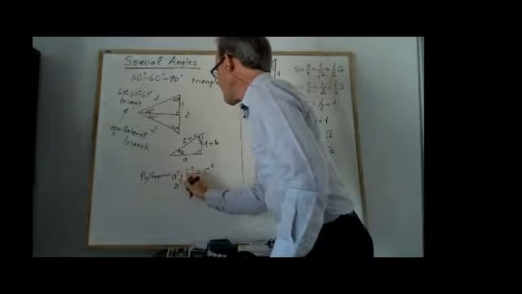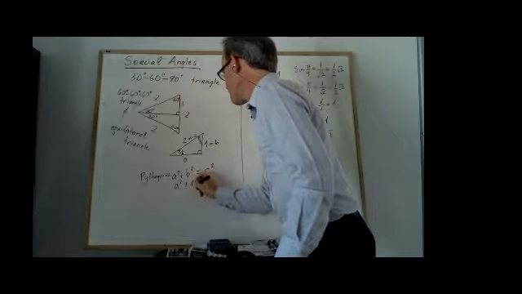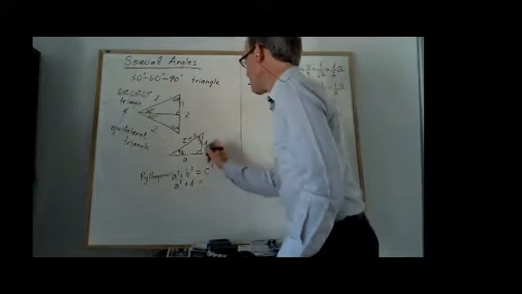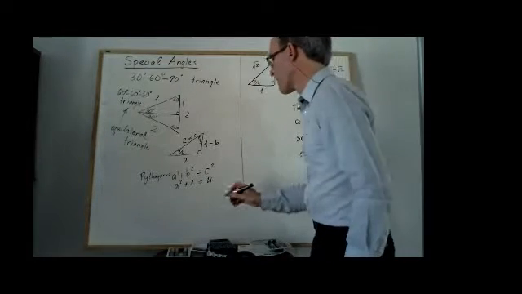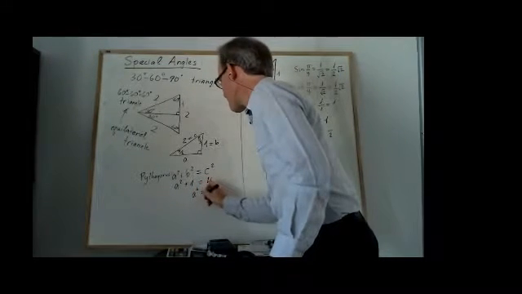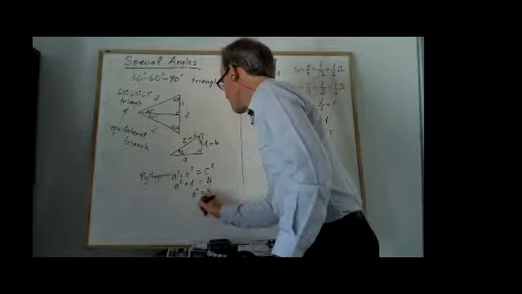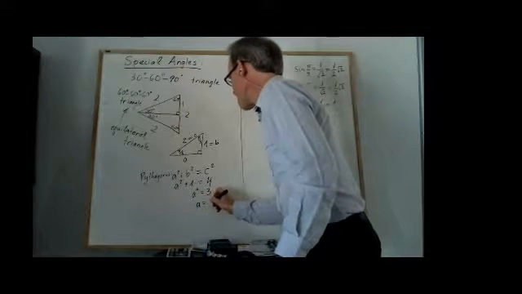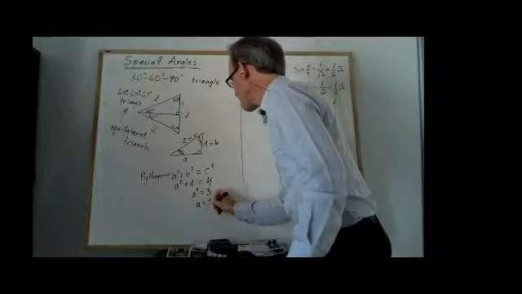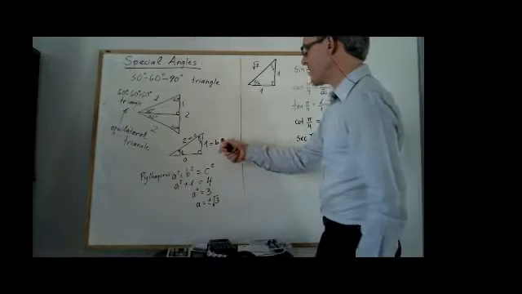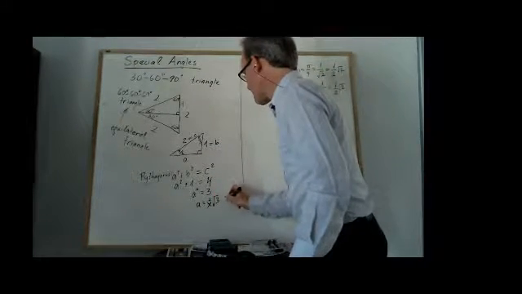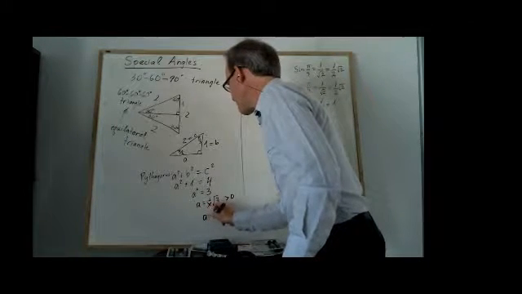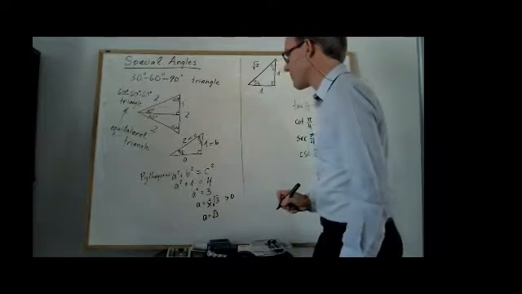And so we can solve for A squared by plugging in B squared, which is 1 squared, which is 1. And then C squared is 2 squared, which is 4. So A squared is 4 minus 1, which is 3. And I take the positive square root of both sides, because A is assumed to be positive. So that's my side length in the end, the square root of 3.